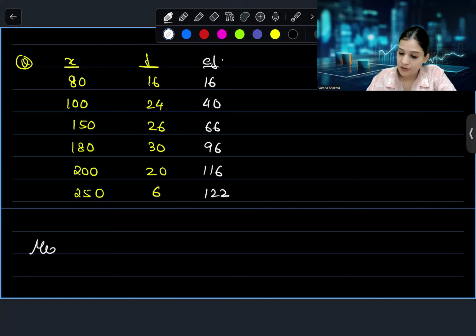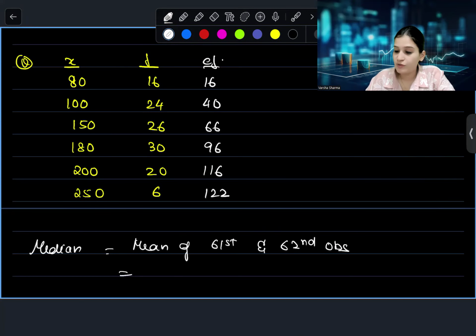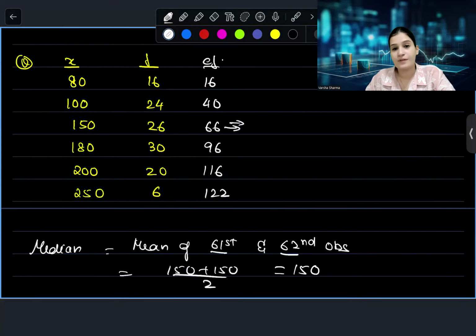So median, even number, it will be the mean of the 61st and 62nd observation. 61 and 62 correspond to 150 and 150. So median will be 150.